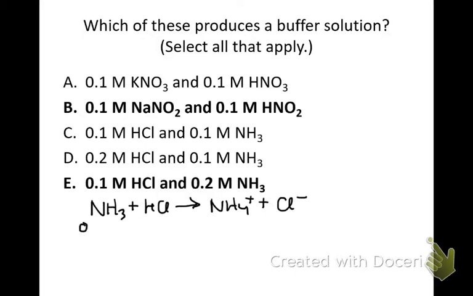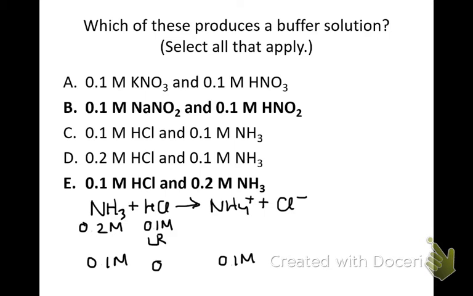When we have 0.2 molar NH3 and 0.1 molar HCl, we see that the HCl is the limiting reactant. So if all of that reacts, we'll have 0.1 molar NH3 left over, no HCl, and 0.1 molar NH4+ after the end of the reaction. Okay, so after this reaction occurs, we see that we have a mixture of a weak base and its conjugate acid, and that's how that one can form a buffer solution.